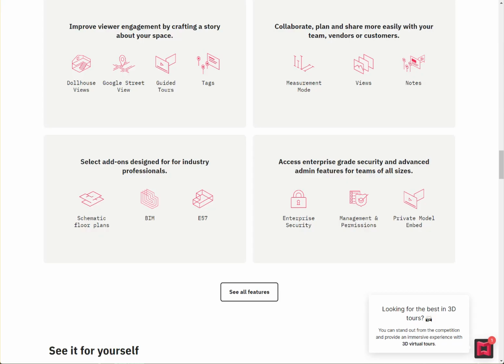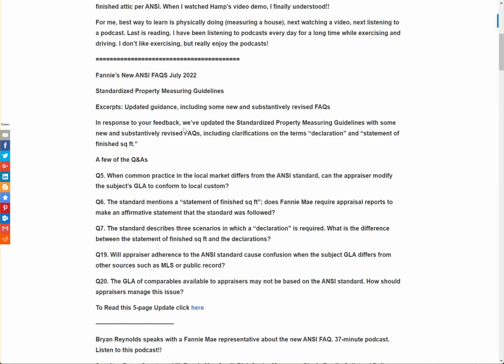Obviously, if they're only charging $14.99 or whatever their fee is, they're getting a little bit of a discount, maybe by not including GLA measurements and stuff like that. If I click on add-ons when I'm in Matterport and I go to get the floor plan, it is $14.99. So Matterport might be getting a deal, like I said, but not getting the GLA information.